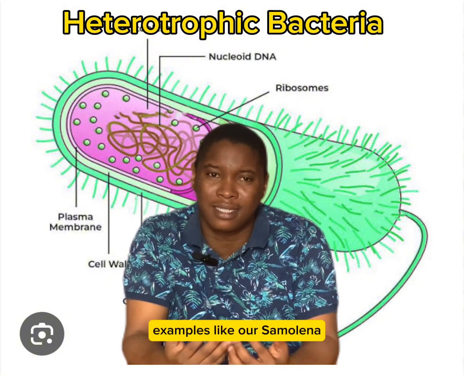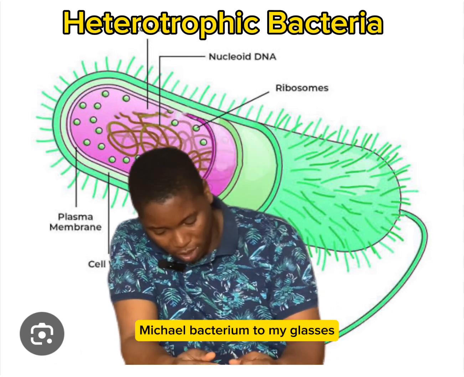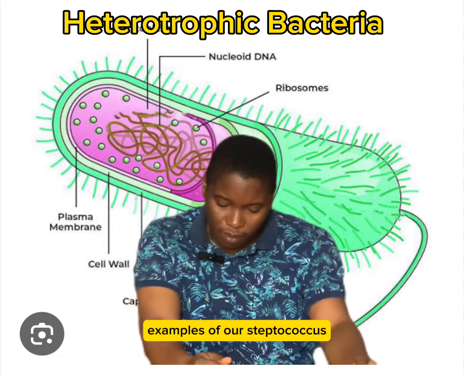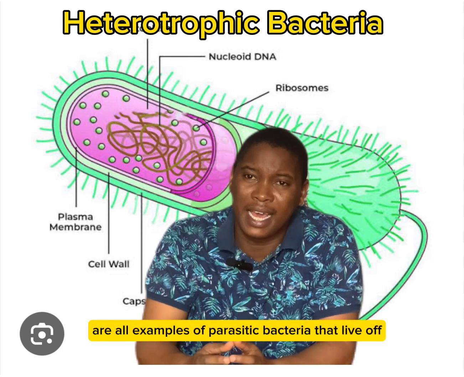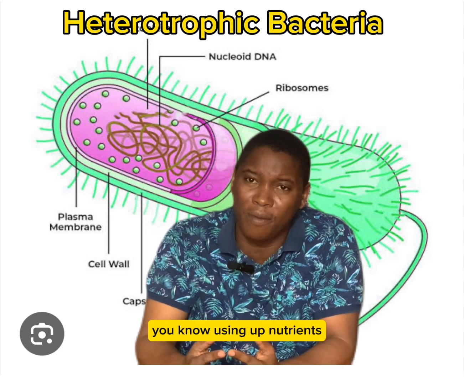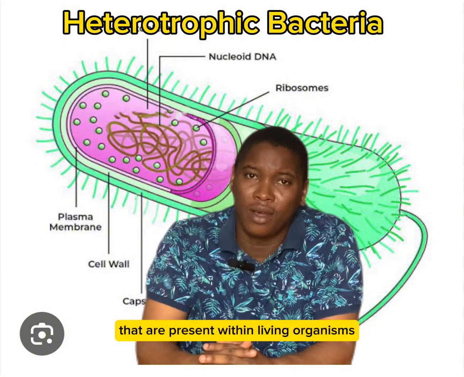So examples like Salmonella, Mycobacterium tuberculosis, and Streptococcus are all examples of parasitic bacteria that live off, using up nutrients that are present within living organisms.